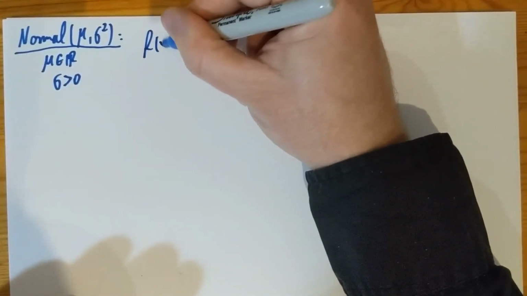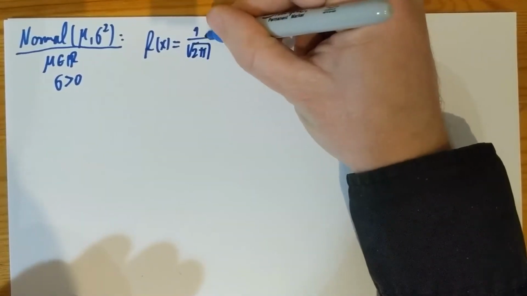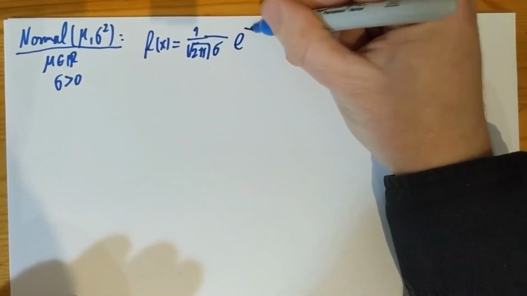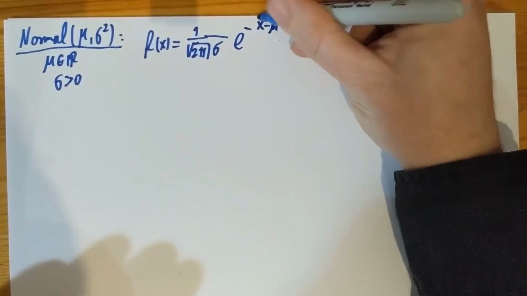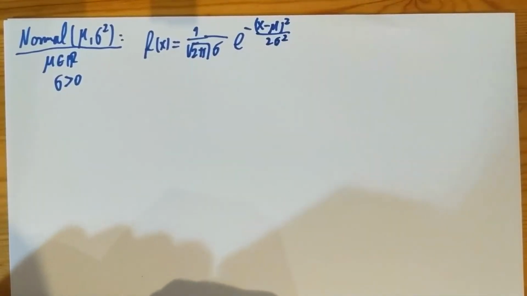So this will have density 1 over root 2 pi times sigma e to the minus x minus mu squared over 2 sigma square. That this is a density is something I'm going to show you in the next video.